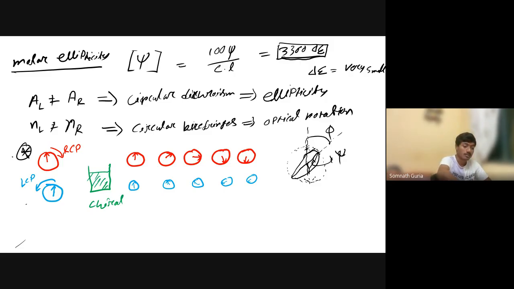Now, our question is, what is the physical phenomenon actually present in our molecules that is responsible for this? Circularly polarized light can be absorbed in a different way. Let's suppose the left hand circularly polarized light is absorbed more than the right hand circularly polarized light, and the speed of the circularly polarized light is defined in one particular case.